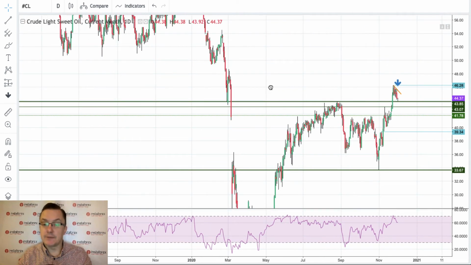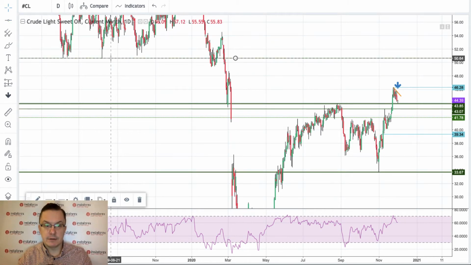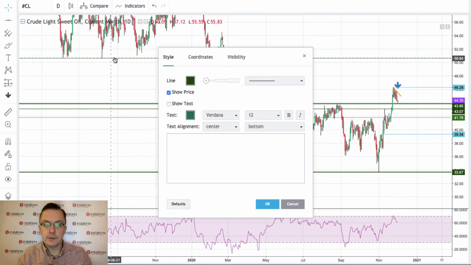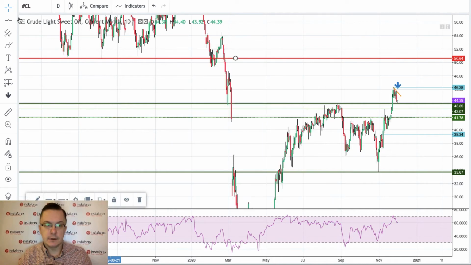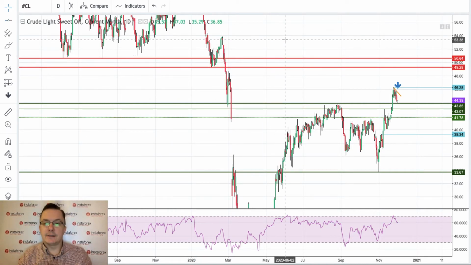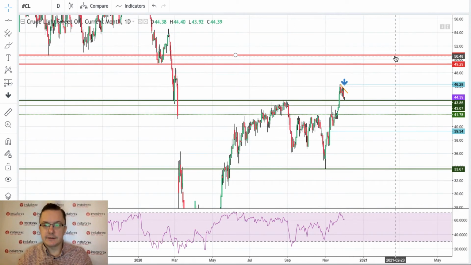Well, there is a big one. There is a big technical resistance here. Let me just mark it for you guys. There you go. It's somewhere around here. So let's just make it a little bit thicker, these lines. There you go. This is one, and the second is somewhere around, let's say, here. So that zone is, as you can see, a very big technical resistance for the price.